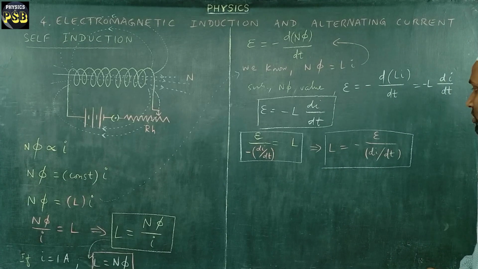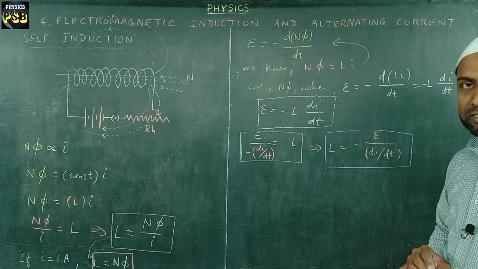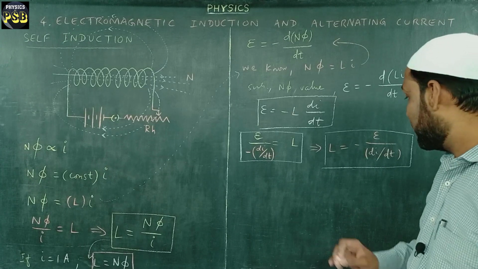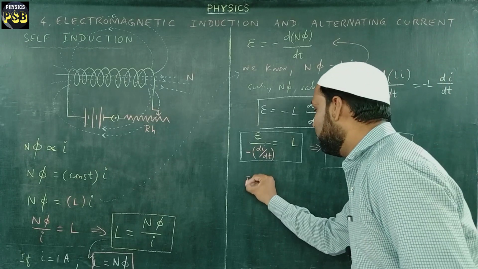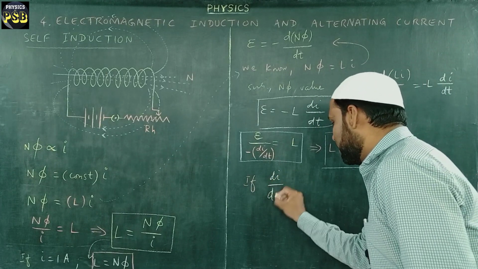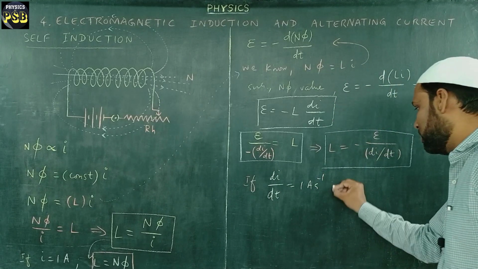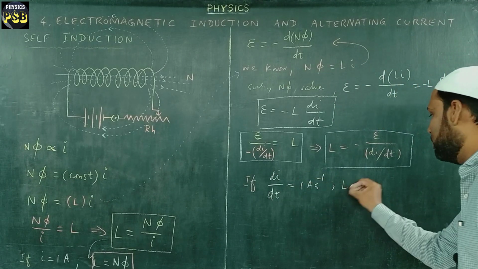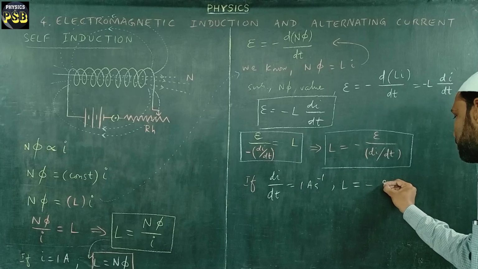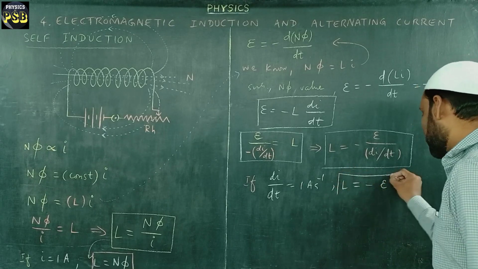Now suppose the rate of change of current is equal to 1 ampere per second. If di by dt is equal to 1 ampere per second, then on substituting this value the above equation becomes L equals minus epsilon.